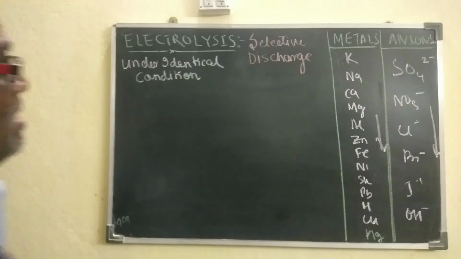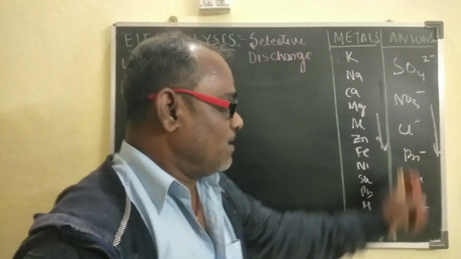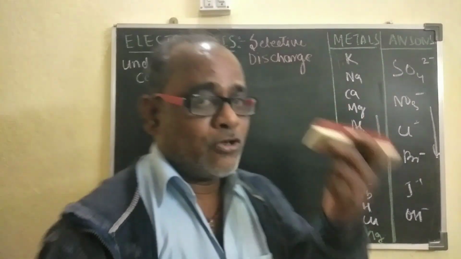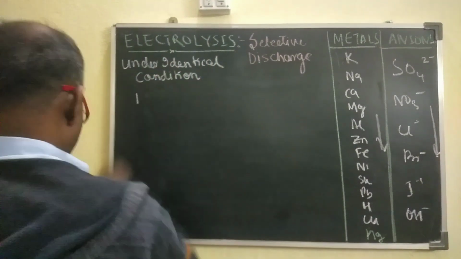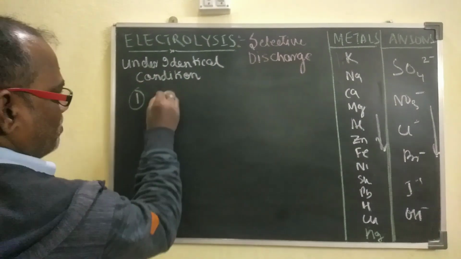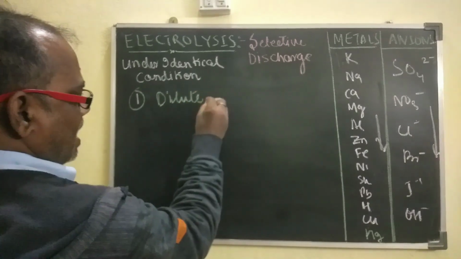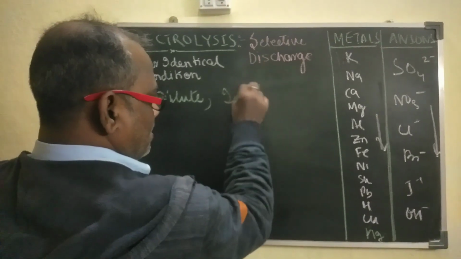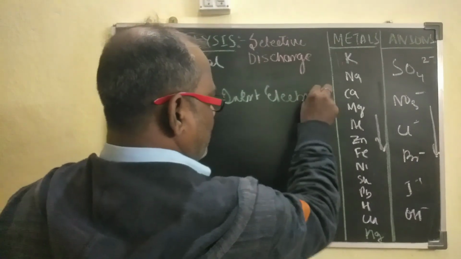The very first thing is that we will see this when the electrolyte has been taken as dilute. The condition number one is that the electrolyte must be dilute and it must be an inert electrode.